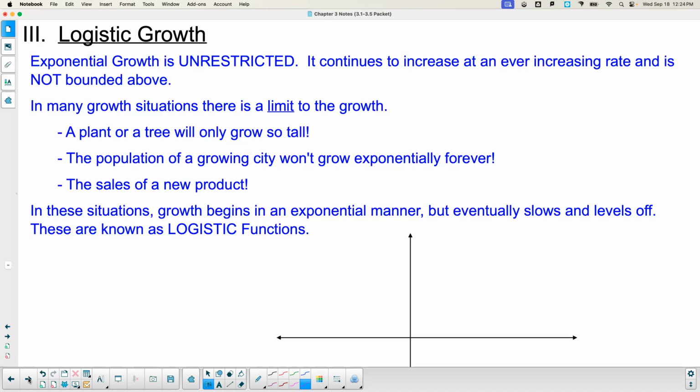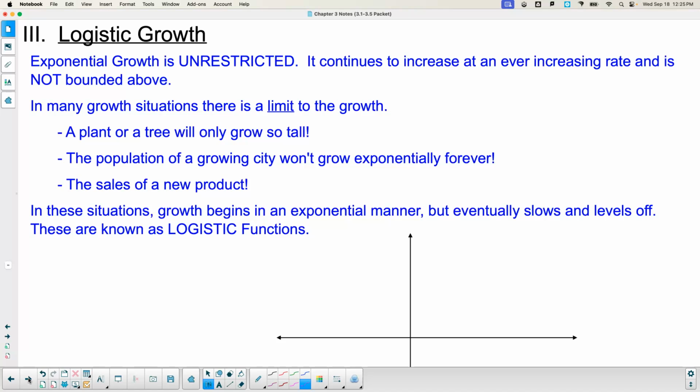Population of a city won't grow forever. Sales of a new product might start out exponentially, but it can't sustain that growth pattern. So for those situations where growth begins in an exponential manner, but eventually it's going to slow down and level off, we have this function called a logistic function.